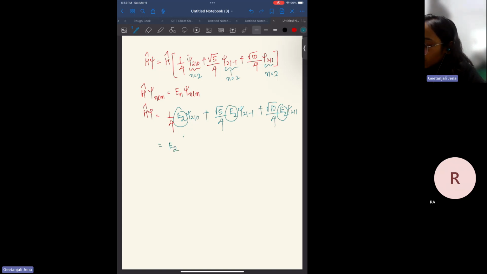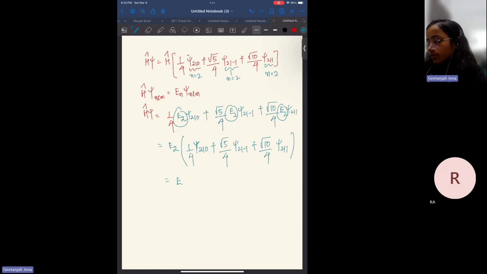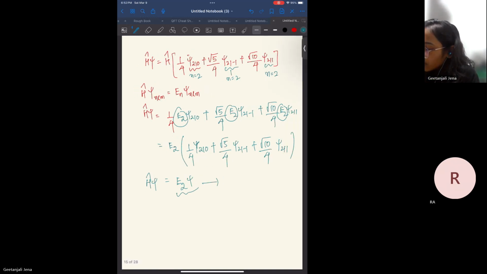That means you can factor it out, and what remains is 1 by 4 psi 210 plus root 5 by 4 psi 21 minus 1 plus root 10 by 4 psi 211. So this gives E2 times psi, right? So this is an eigenvalue equation. H psi gives E2 psi. So that means psi is an eigenfunction of H.